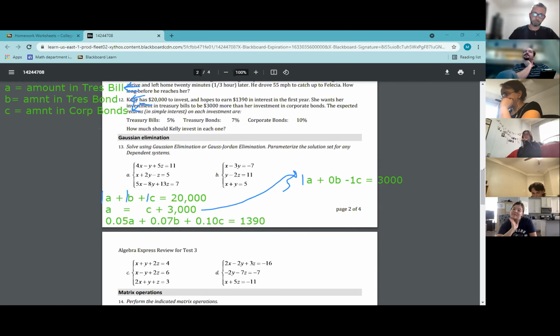I made the test to where you probably shouldn't need a calculator for the matrices. If you wanted to check your solution for the one you're doing by hand, you might want to use it for that. I don't want to say too much because I don't want to tell you exactly what's on your test.